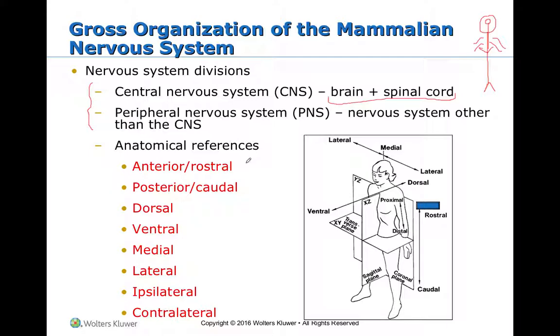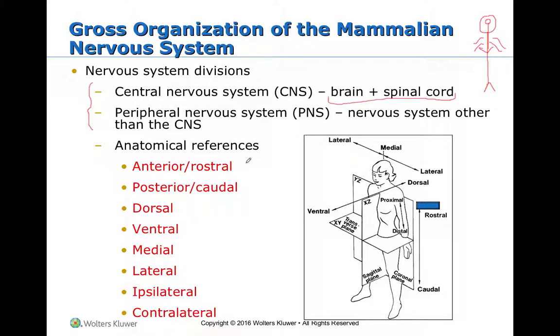In neuroscience, it's really important to understand anatomical references. If I were to ask you for directions to a particular location, you wouldn't just tell me it's in the center of campus or to the left. In order to get around in the nervous system, we have to use directional landmarks.